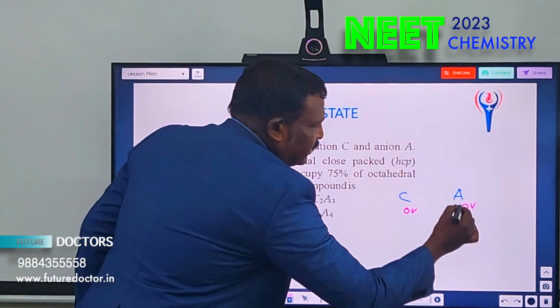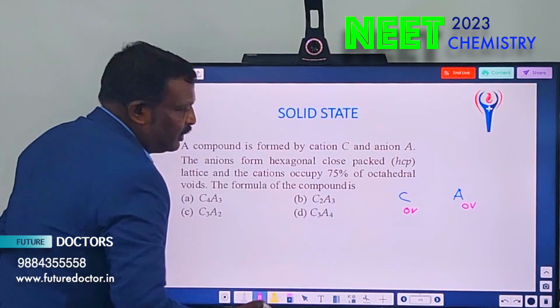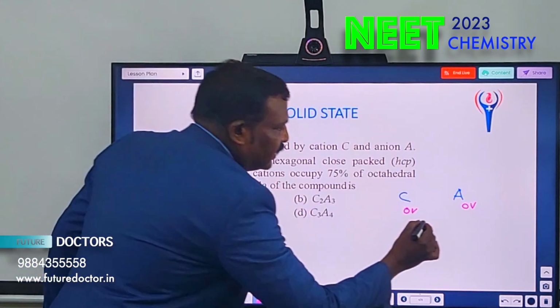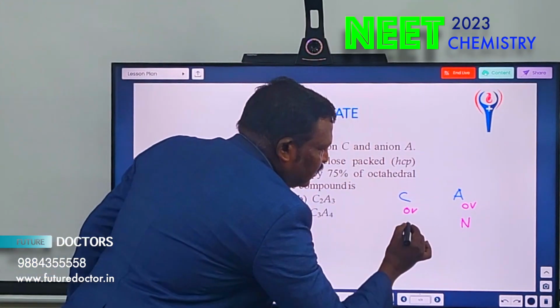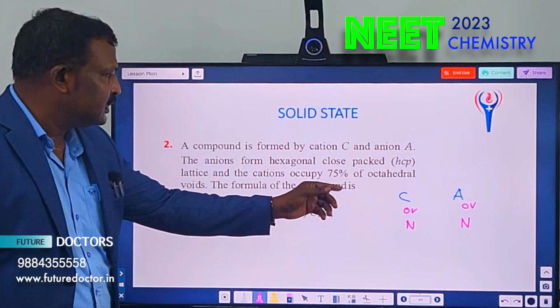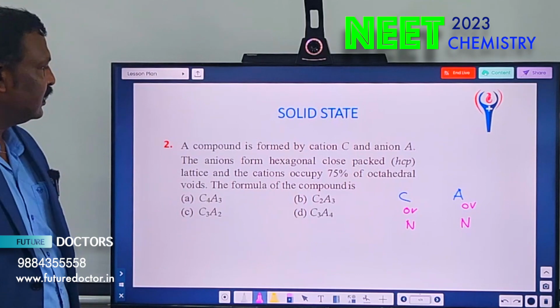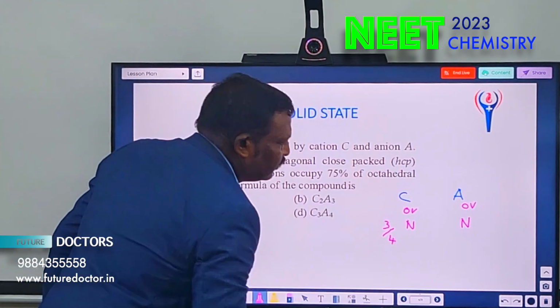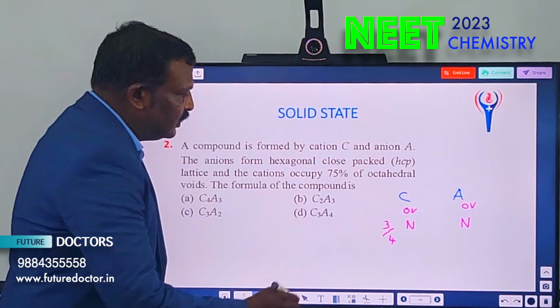So for octahedral voids, what's the formula? The number of octahedral voids is equal to the number of atoms, which we consider n. The anion is also n. But the cation occupies 75% of octahedral voids, and 75% we can write as 3 by 4. So 3 by 4 into n.